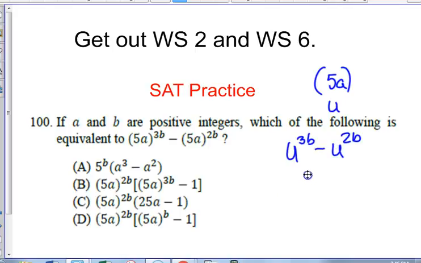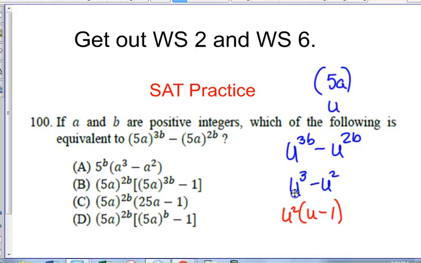Okay. If momentarily I got rid of the B, could you factor that? What could you do? And I'd get U minus 1. We good so far? All right.